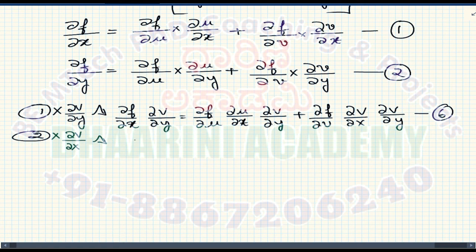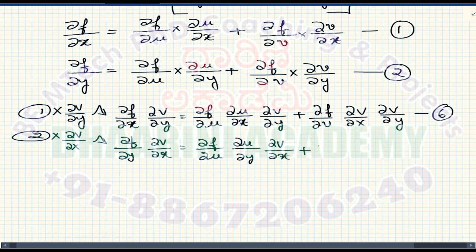When you multiply that, you are going to get ∂f/∂y into ∂v/∂x is equal to ∂f/∂u into ∂u/∂y into ∂v/∂x plus ∂f/∂v by ∂y into ∂v/∂x. I'll call this equation number 7.